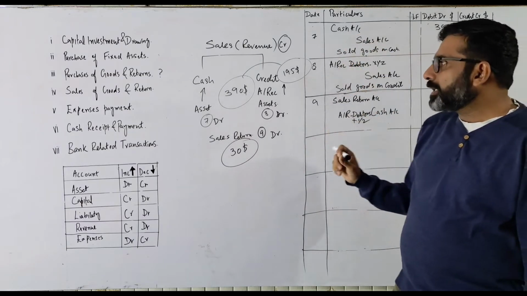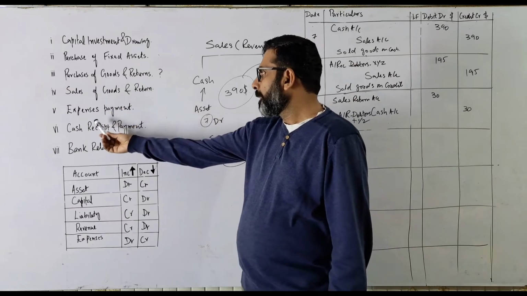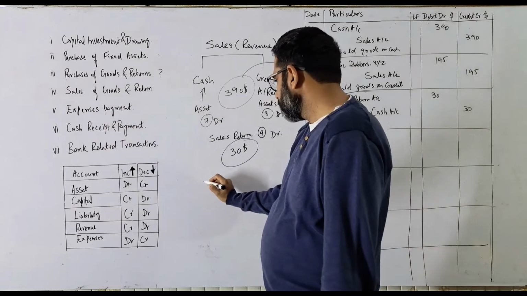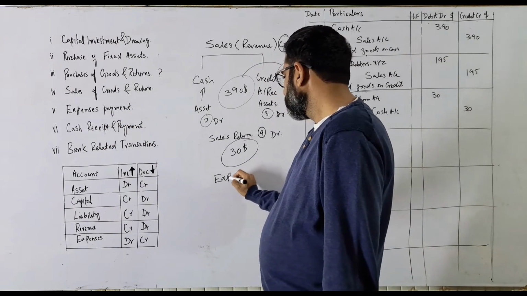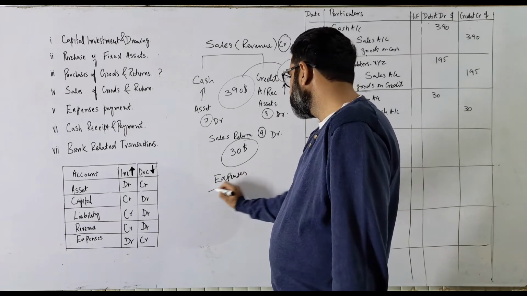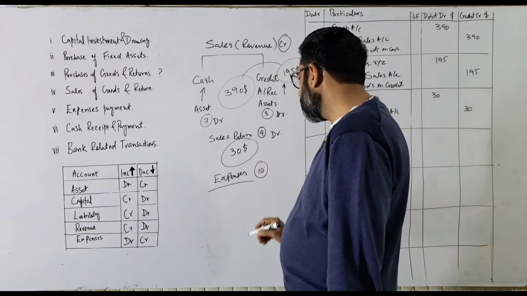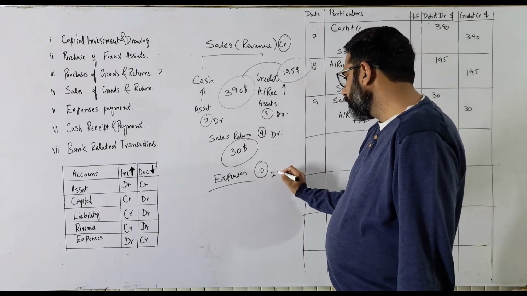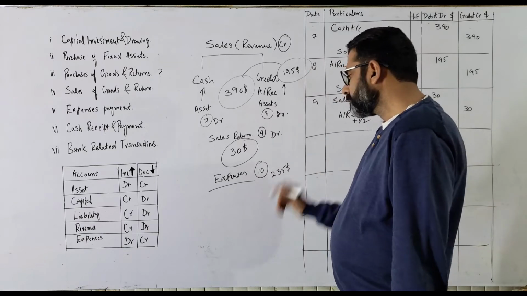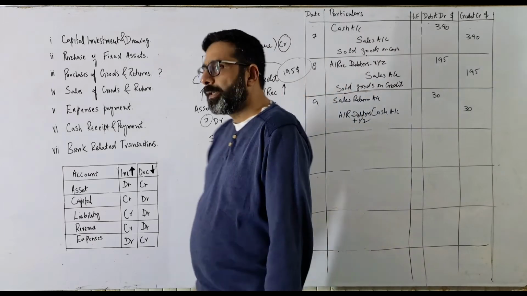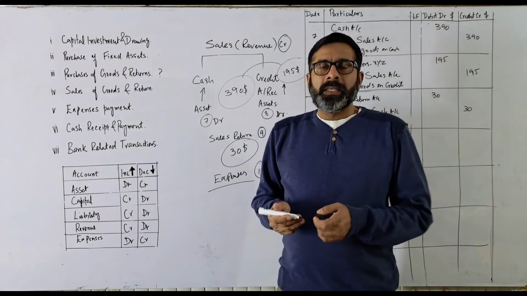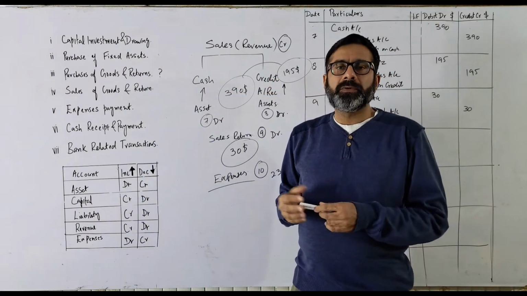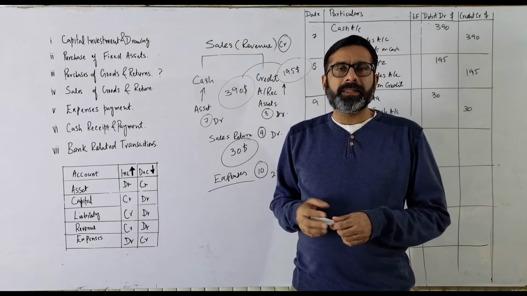Now, the next thing that we have is related to the expenses account. We can say it's transaction number 10. Any amount, let's say $235. Now, what is the expense? The goods we have purchased, we purchased because we want to sell them.